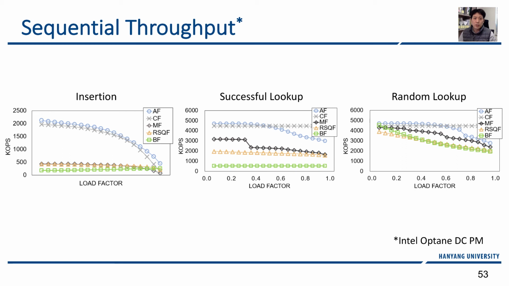AniFilter and Cuckoo filter show much higher performance than the other 3 filters, and that's why we only compare Cuckoo filter and AniFilter for parallel performance. Compared to parallel insertion, for sequential insertion, Cuckoo filter's performance is close to AniFilter, but for sequential evaluation, only a fraction of NVM's bandwidth is used, and thus Cuckoo filter's performance is not limited by the bandwidth. And that is similar for lookups as well.